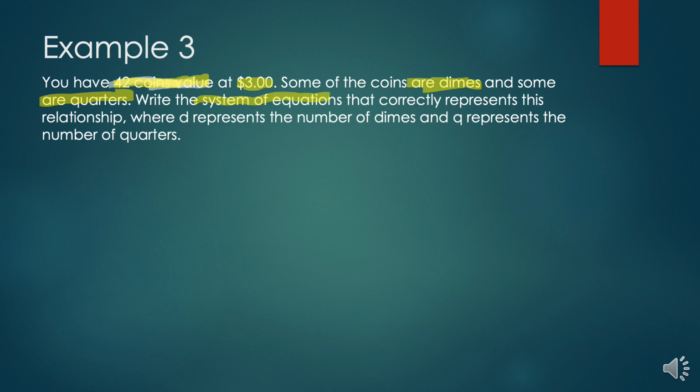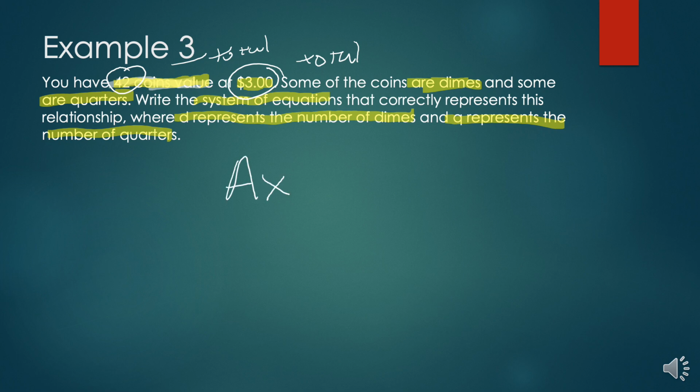Write the system of equations that correctly represents this relationship, where D represents the number of dimes, Q represents the number of quarters. Now, this one wasn't as straightforward, but basically you're saying that we have a total of 42 and a total of $3. So that means I got to use standard form.